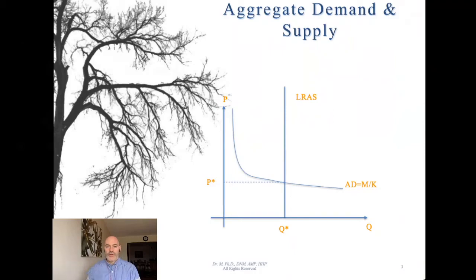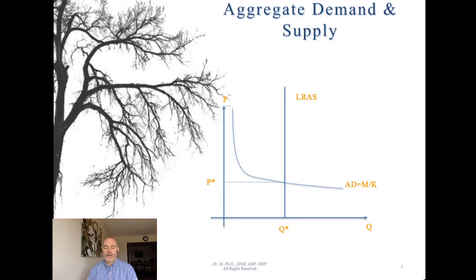So what we have here is long run aggregate supply, which is a straight line with an infinite slope, because in the long run quantity does not change.